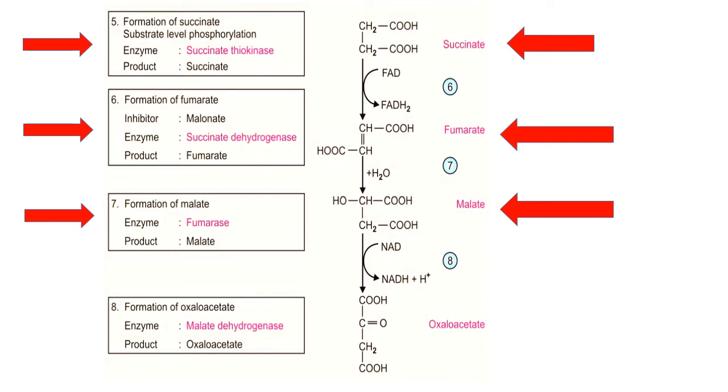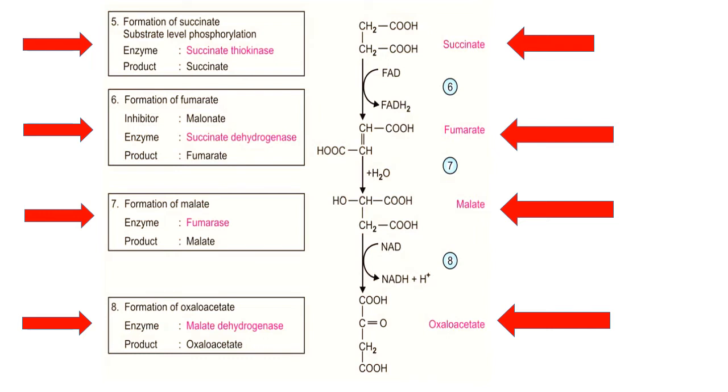During this reaction there is only hydration, and in the next or the last step of this tricarboxylic acid cycle there is a dehydrogenation and malate is converted into oxaloacetate, and this step requires malate dehydrogenase. As a result of this dehydrogenation there is a production of NADH2 and the product is oxaloacetate.